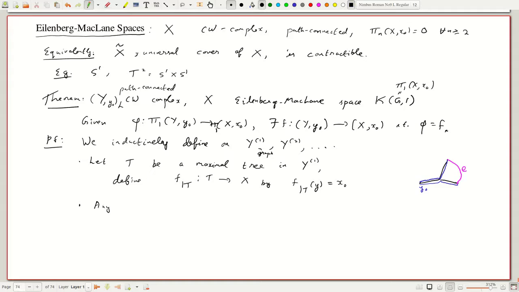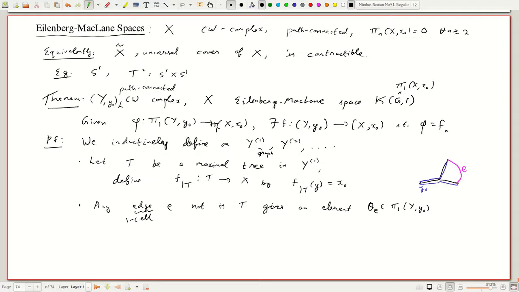So any edge E, a one-cell E not in T, unlike the case of our graphs, they don't come in pairs. We have chosen an orientation effectively. So any edge not in T gives an element in pi1. Let's call it theta E in pi1 of the base point, which is y0.